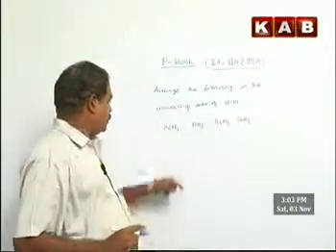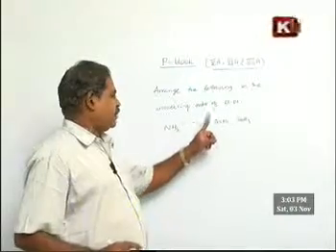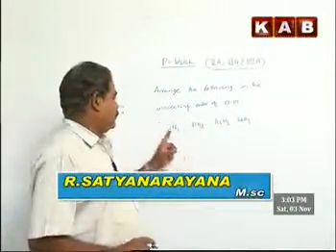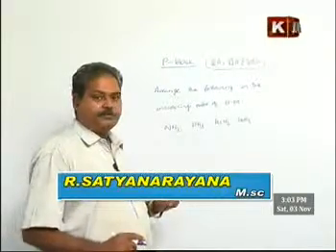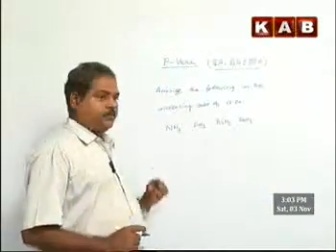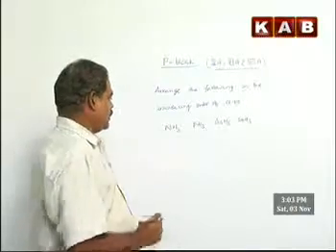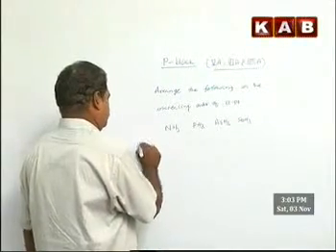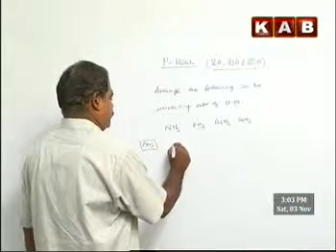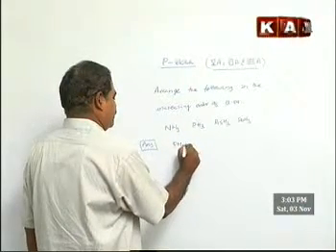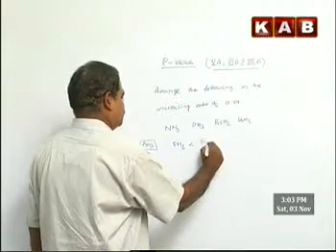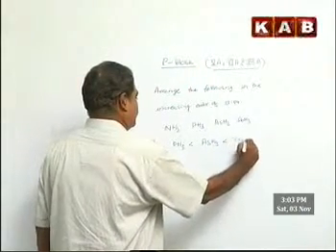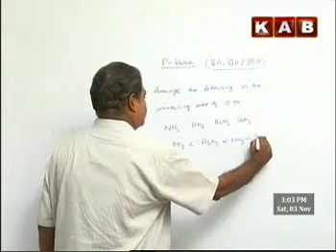They are called ammonia, phosphine, arsine, stibine, the hydrides of group 5 elements. So, the answer is actually this: PH3 less than AsH3 less than NH3 less than SbH3.